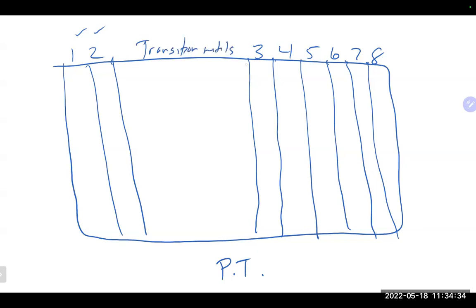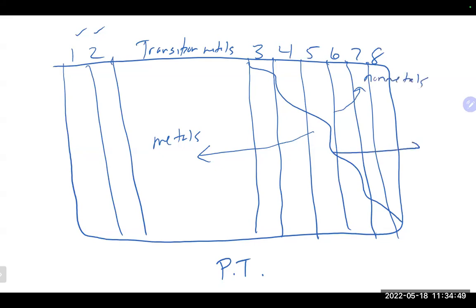We also have a staircase that kind of comes down this way. To the left of the staircase, these are all metals. To the upper right of the staircase, those are non-metals. And the staircase itself, those guys that make up the staircase, are what are referred to as semi-metals or metalloids.